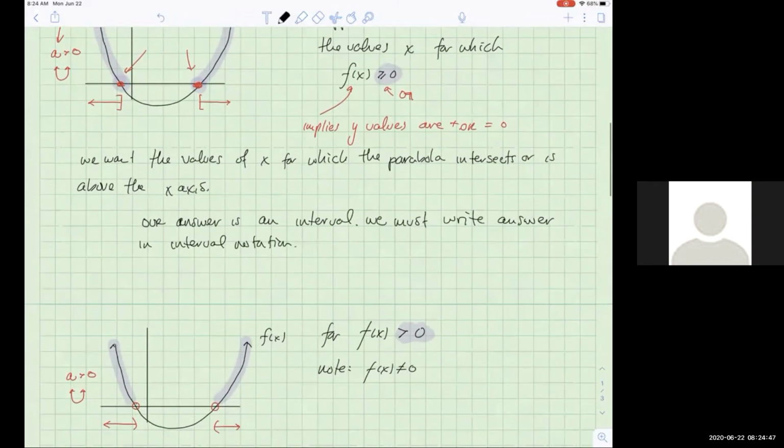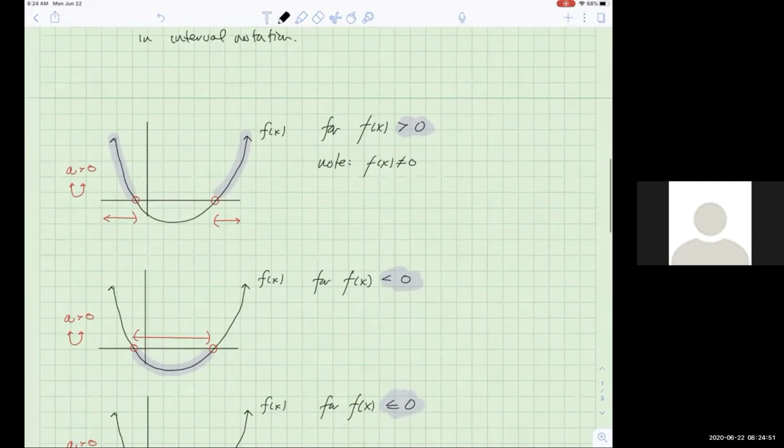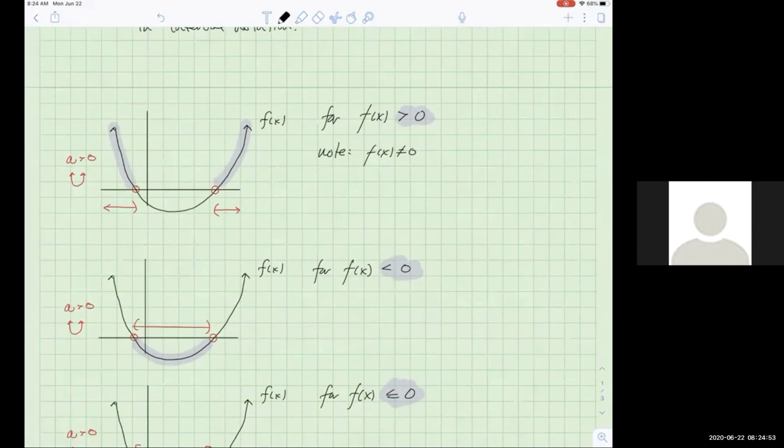So if you're still having trouble with interval notation, you got to get on top of that. Here we want the values of x for which the curve is above the x-axis only.